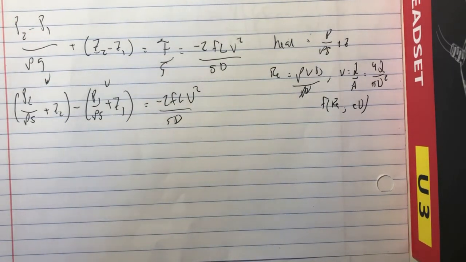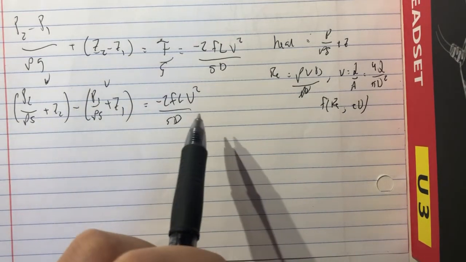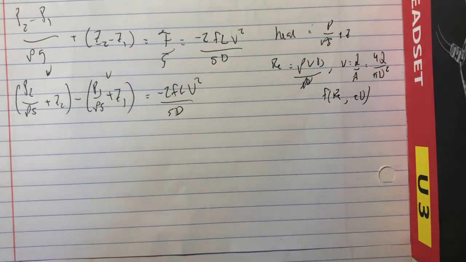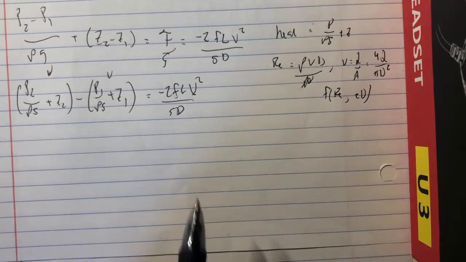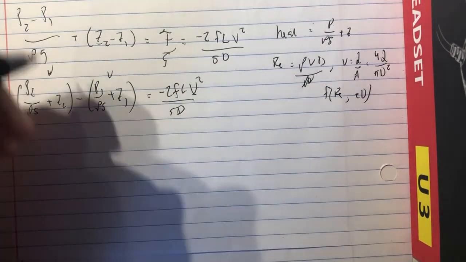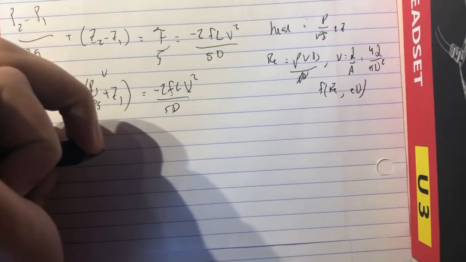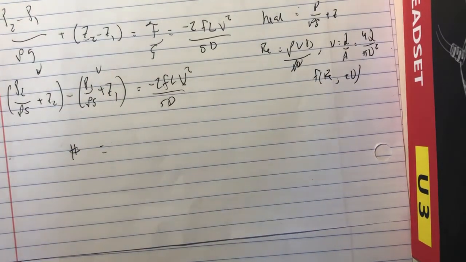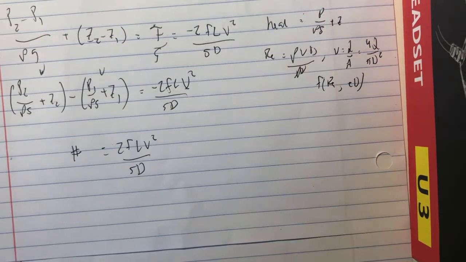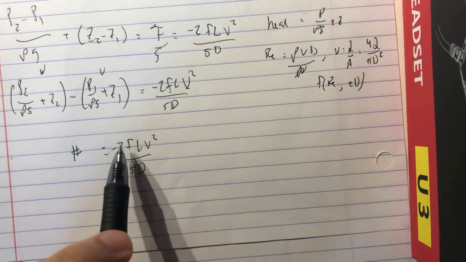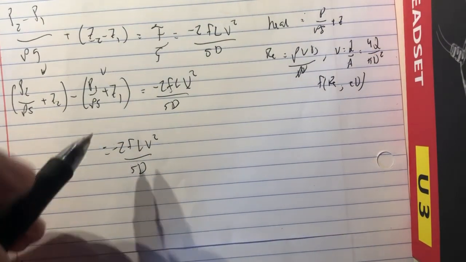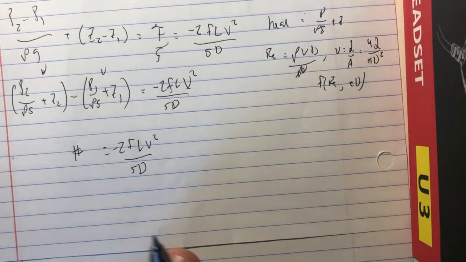The issue is when we're given the change in head but need to find the relative flow rate, because now f and V are both unknowns, since these are both functions of Q. What we can do here, because we're given this is just a number, equals 2fLV squared over gD, and because these are both unknowns, we need to solve this numerically. But we'll get into more of this after we code the first part.